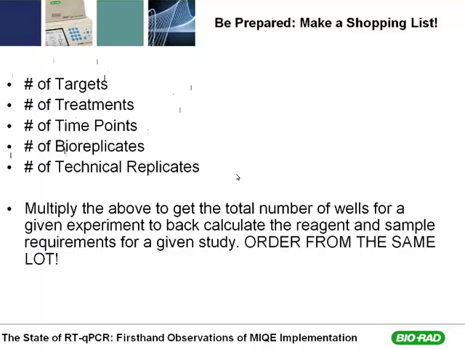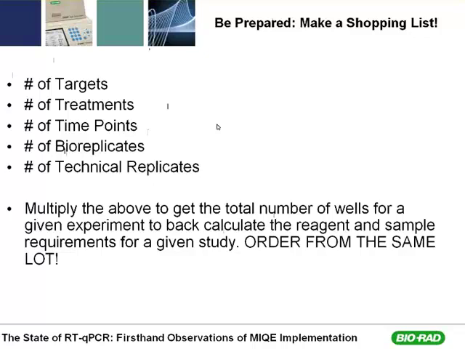That's an important number to have because that gives you the number of reagents and sample requirements that you would need for a given study. So by knowing this information, you can then order, for example, your cell culture medium from the same lot from a given company because you know how much cell culture medium you're going to need, or how much compound or drug you intend on using to test your samples.